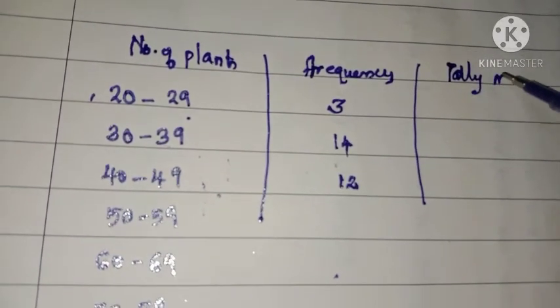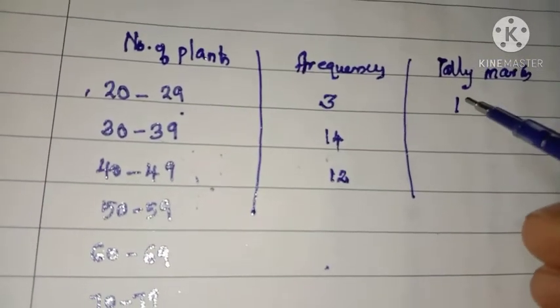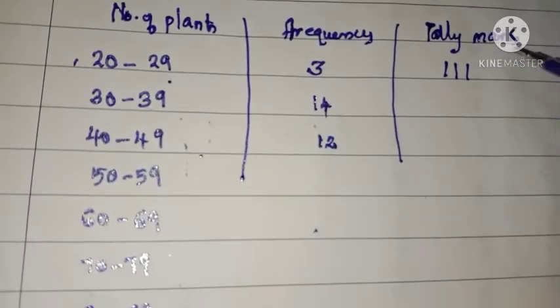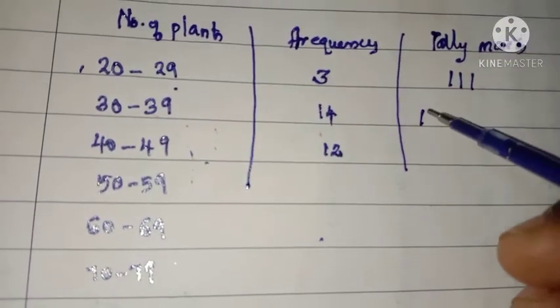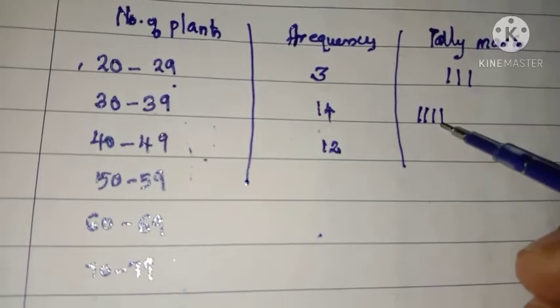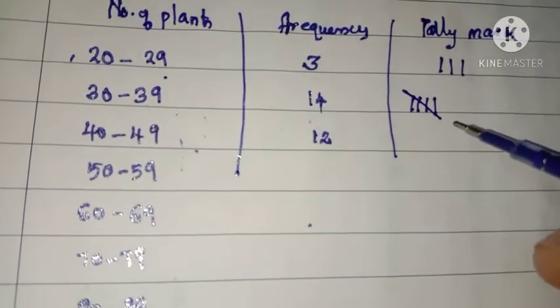Tally marks. In the case of 3, we can write 1, 2, 3 tally marks. Then 14 is 1, 2, 3, 4, and for the next number, just cross the line. That is 5.